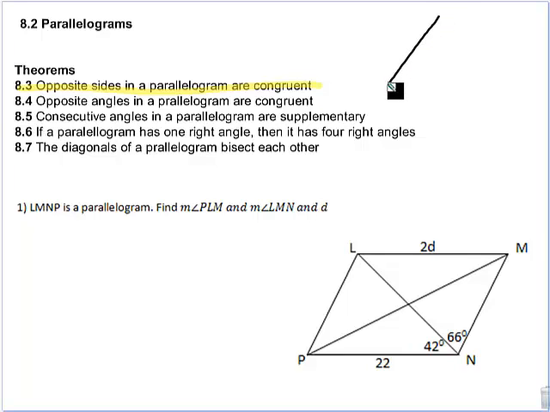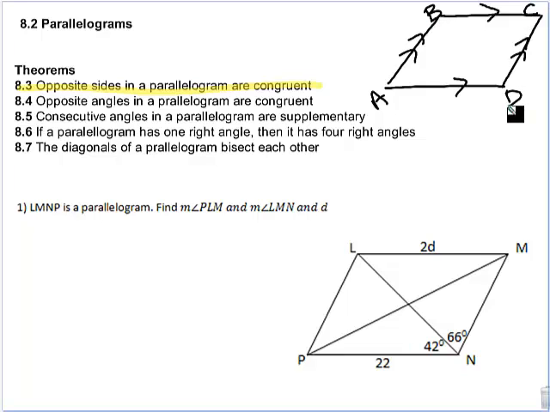So let's see, we can draw out a parallelogram. What makes it a parallelogram? Opposite sides are parallel. I assumed you knew that. Okay. Well, now you know if you didn't know it.